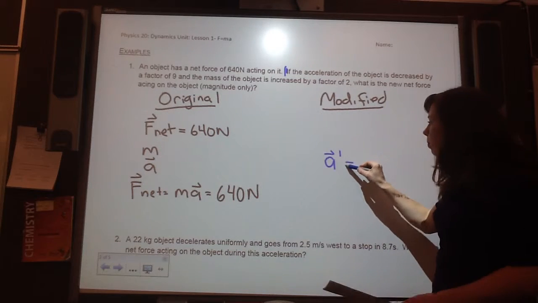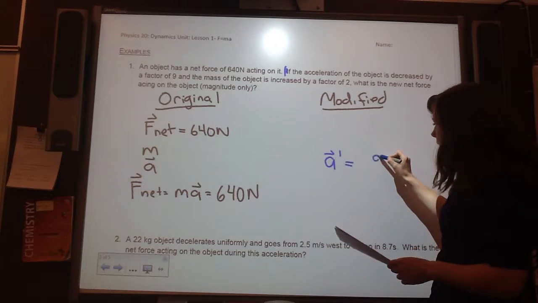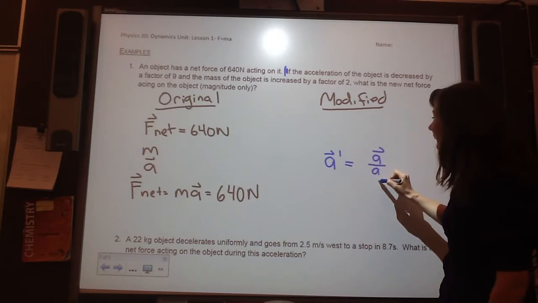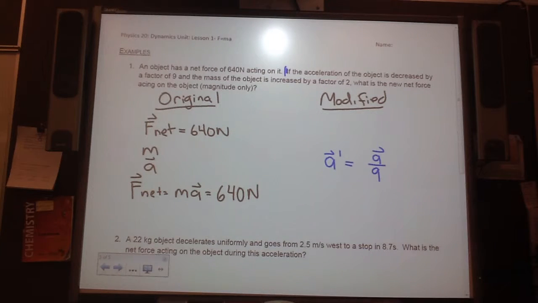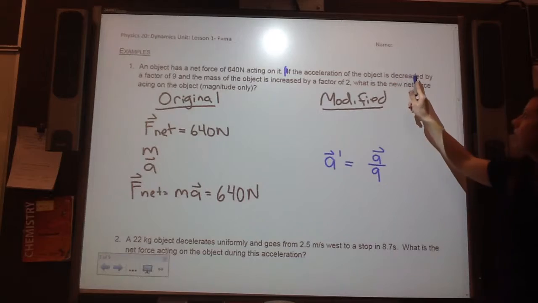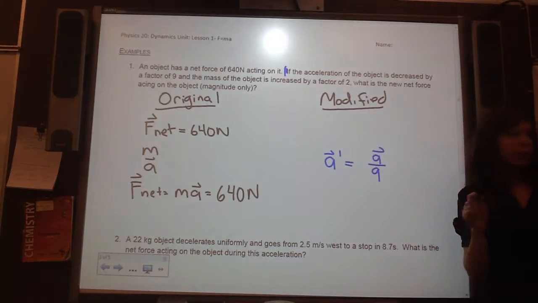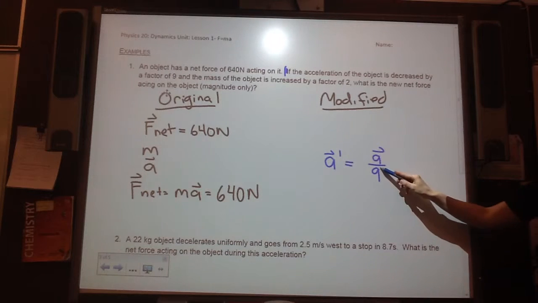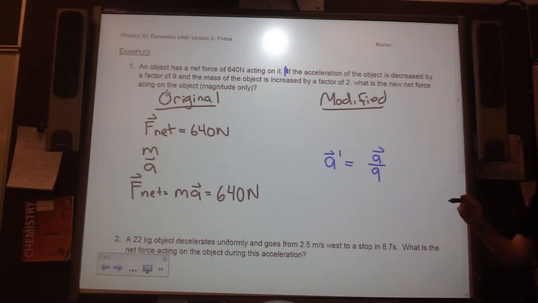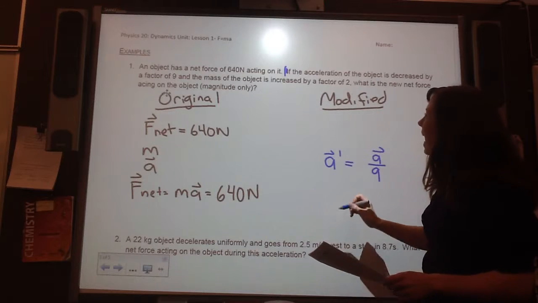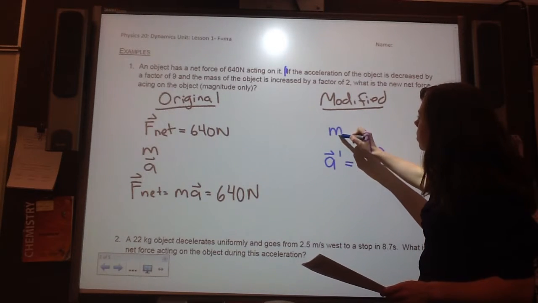So a prime is a divided by 9, because the acceleration decreased by a factor of 9. Factor means either multiply or divide, and it decreased, so I need to divide. A prime is my original a divided by 9. What else changed? My m increased by a factor of 2.